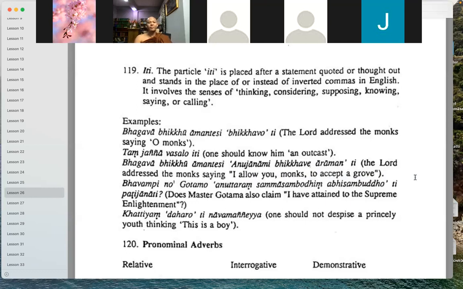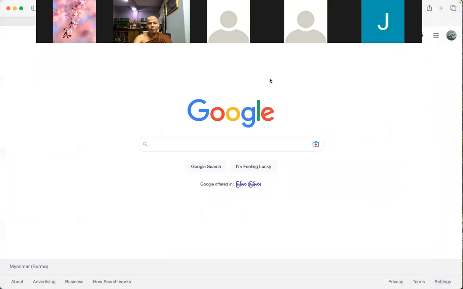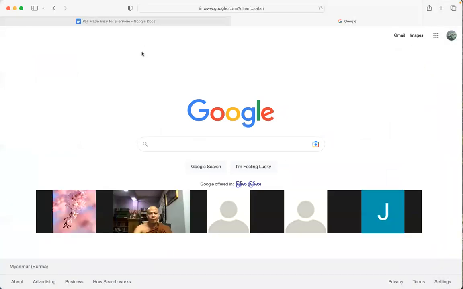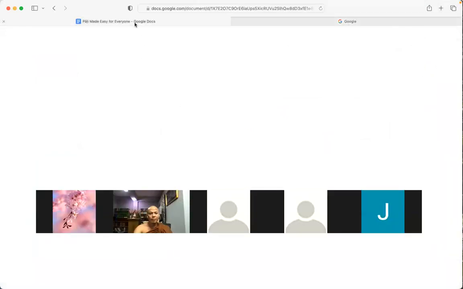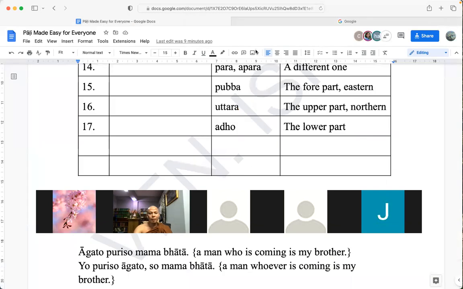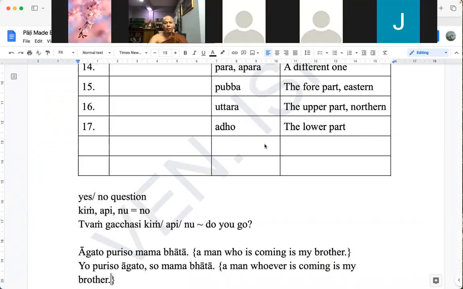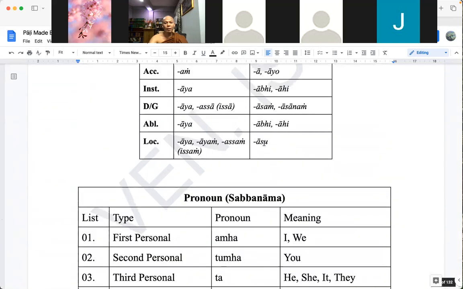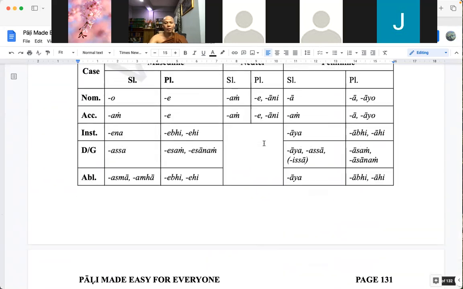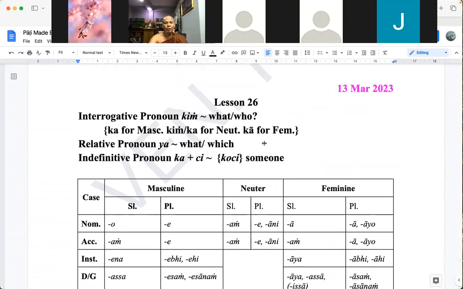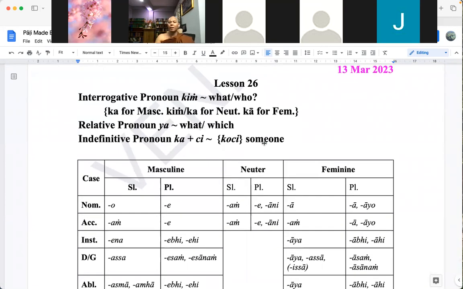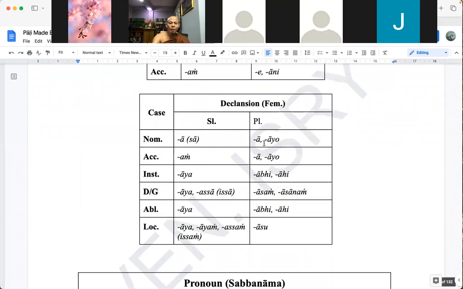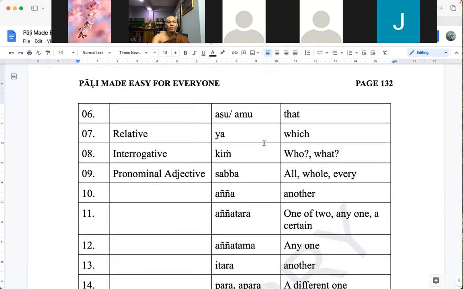Just as Amha and Tumha, the pronouns are declined in three genders because they go together with a noun in three genders. So it will decline like a noun when it plays the role of an adjective. When the nouns are in three genders, the pronoun will also be declined in three genders. Is that right, Bante? Right.